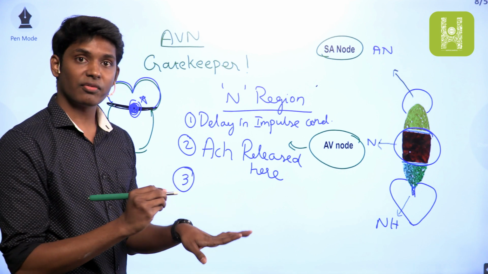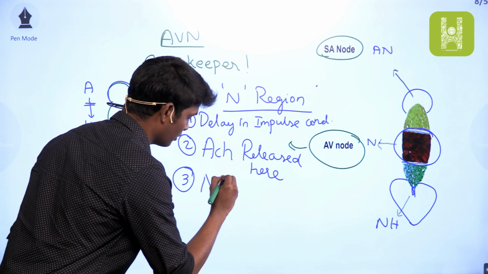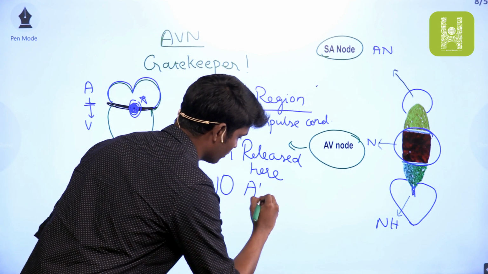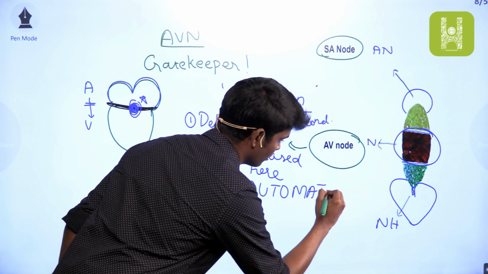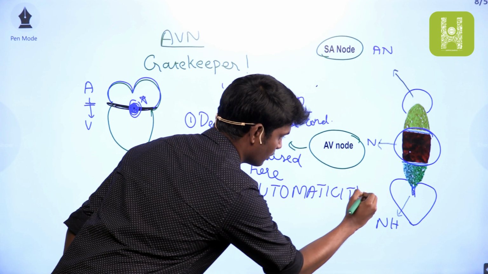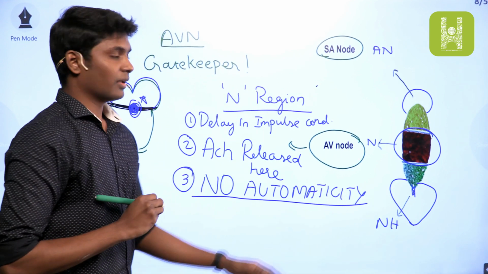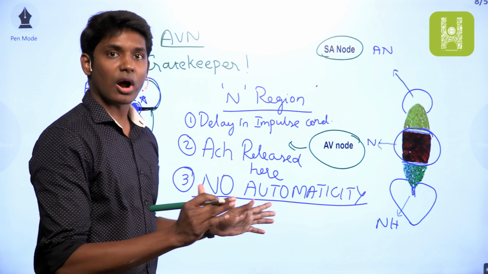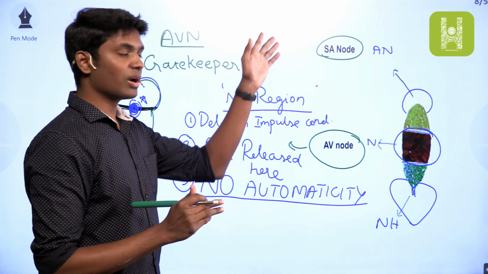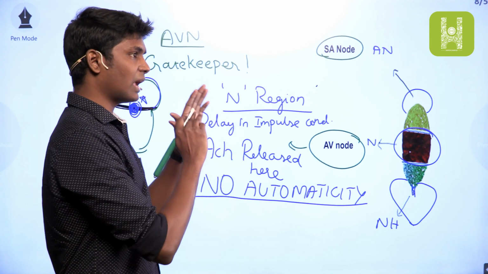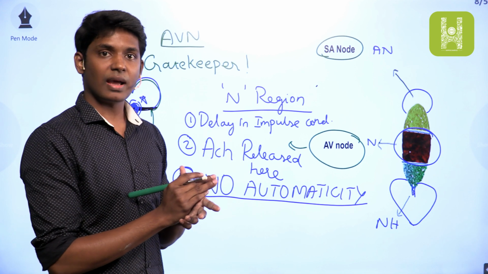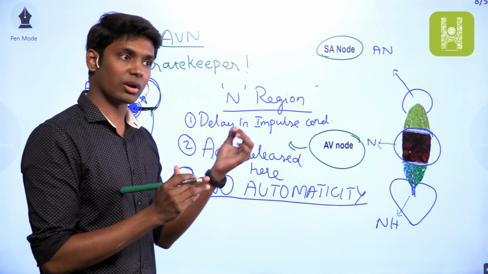And the third important function is the nodal region proper has no automaticity. That is, if there is no impulse coming, actually one important point which you all have to remember is almost the entire part of the heart possesses cells which have automaticity.